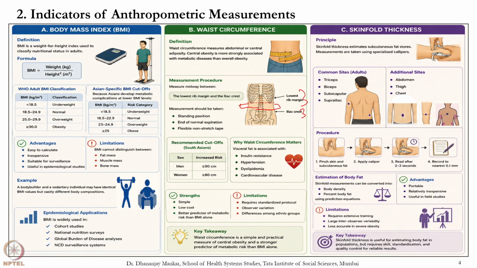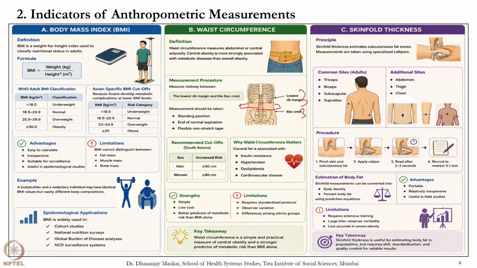Okay, so now we will concentrate on the skin fold thickness. The skin fold thickness estimates the subcutaneous fat stores. The measurements are taken usually by specialized calipers, where the common sites are triceps, which is being shown over here, then comes the biceps, then the scapular and suprailiac. Okay.